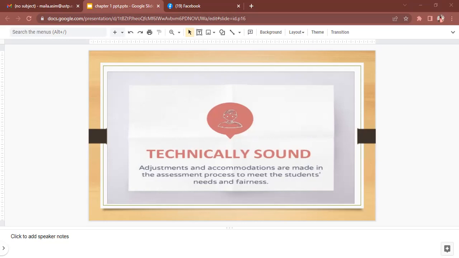So dapat, it is right, it is okay, everything's going well because several adjustments will be needed kung kinahanglan nga ma-meet sa student ang fairness, no? And of course, we are all aware of the fact that students demonstrate what they know, how they can apply that knowledge in ways.